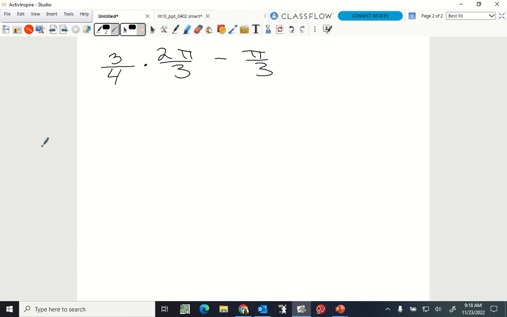I could reduce the 2 and the 4, and that goes 1, and this becomes a 2. What about the 3's? They cancel. I could cancel those too. So what's going to be left on top? Pi over 2, very good, minus pi over 3.